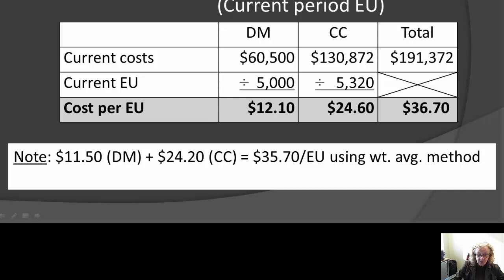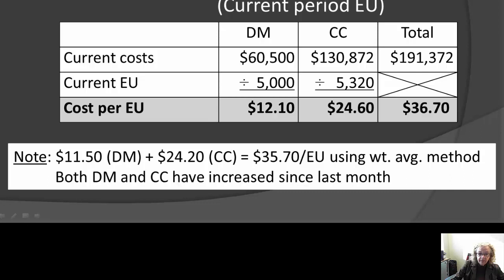Of course, one of the reasons that firms prefer to use the weighted average method is that it tends to smooth fluctuations in costs between one period and the next, and firms prefer to have a smoother change in costs because they feel that it smooths their income, which makes investors feel more confident.